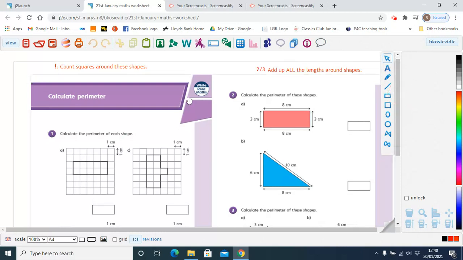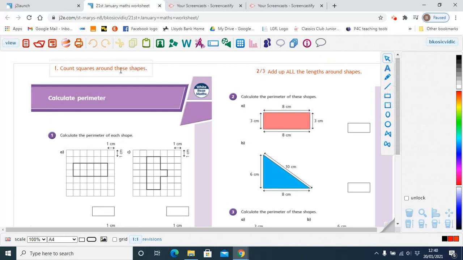We're going to look at question number 1 first, and you might have noticed at the top of this page you have got a kind of instruction, and this tells you what you need to do in each of the questions.